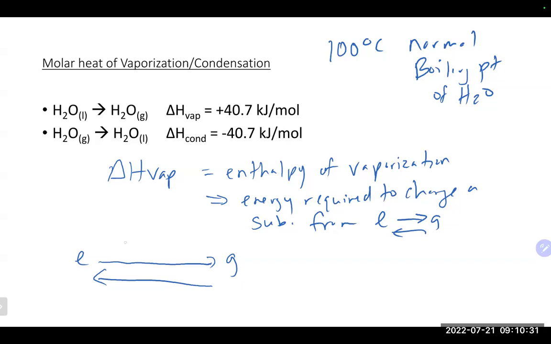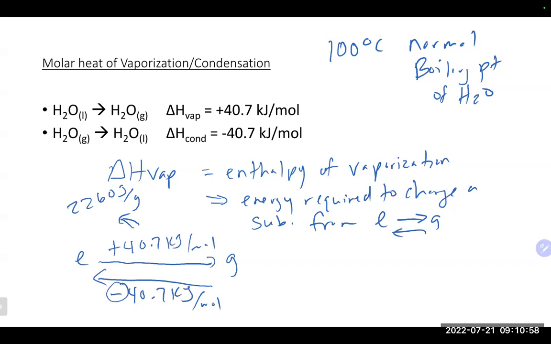It is an endothermic process, so in the case of water, it would be positive 40.7 kilojoules per mole, which is approximately 2,260 joules per gram. It would be a positive number, as energy needs to be put in to do that. If we were going the opposite way, taking some of those gas molecules back to liquid, it would be negative 40.7 kilojoules per mole. Remember, negative in terms of energy is an exothermic process, and a positive value is an endothermic process. So it would be negative 2,260 joules per gram approximately.